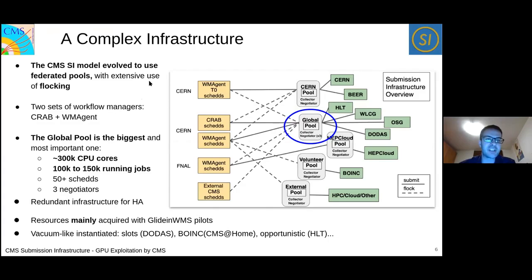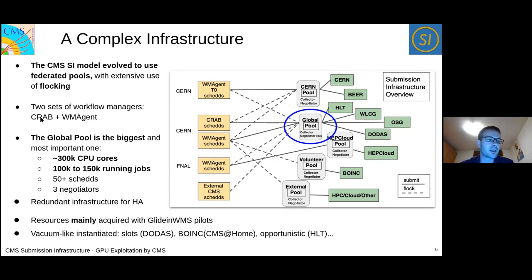The submission infrastructure is even more complex than the global pool itself. Actually, we have a pool dedicated to CERN resources. We have a pool, the HEP Cloud pool, dedicated to HPCs in the US, which is operated at Fermilab. We have a pool for volunteer resources. We have other external pools. We have 2 sets of workload managers.